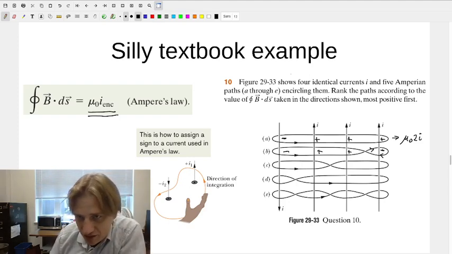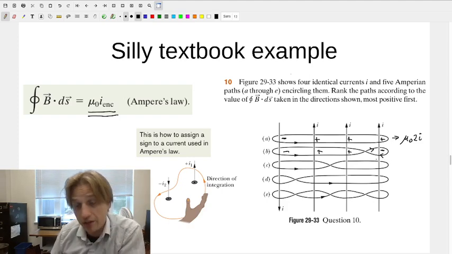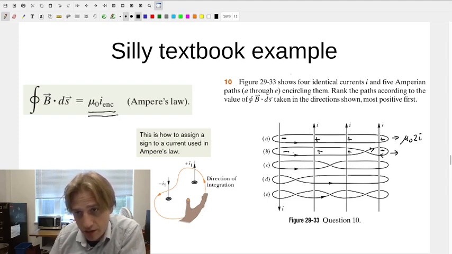This is a weird example, but it's trying to get you to think about the right-hand rule for this particular case. So in this case, minus, plus, plus, minus, this line integral would give you a result of 0.